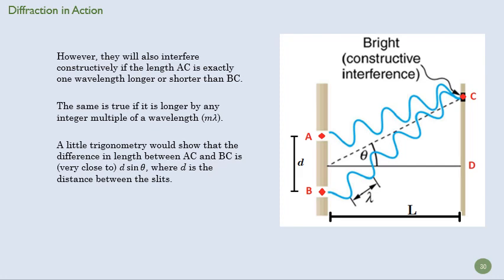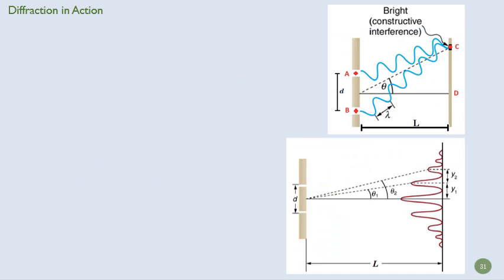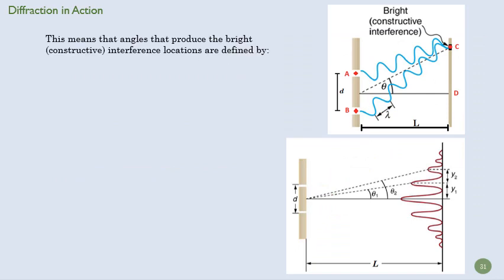And we could use some trigonometry to show that the difference in length between AC and BC is very close to d, this distance, times sine theta. And we're not going to dig into that trigonometry too deep, but what you find out is that we can come up with an equation for where those bright spots are going to be.